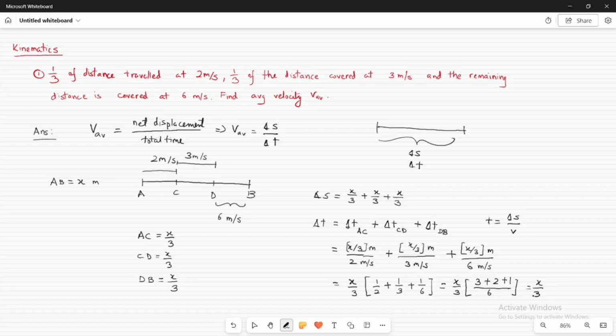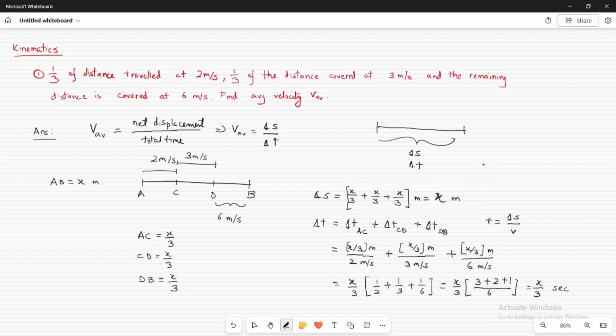So total time taken is x by 3 seconds and total displacement is x meters.